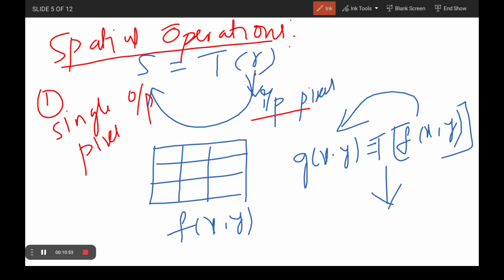In the neighborhood operations, you take some neighborhood of the image, then process it and map it to the same image.